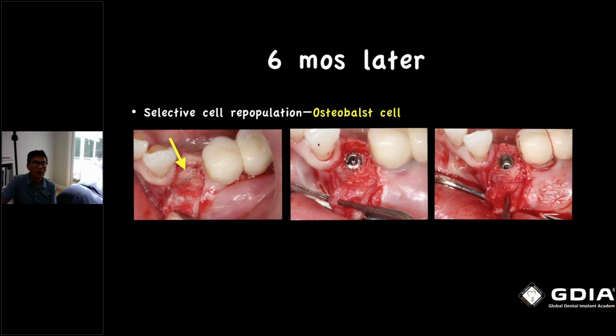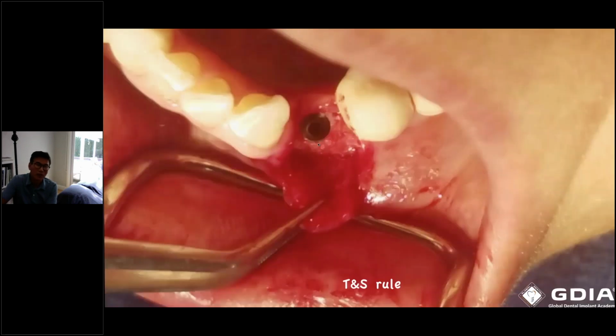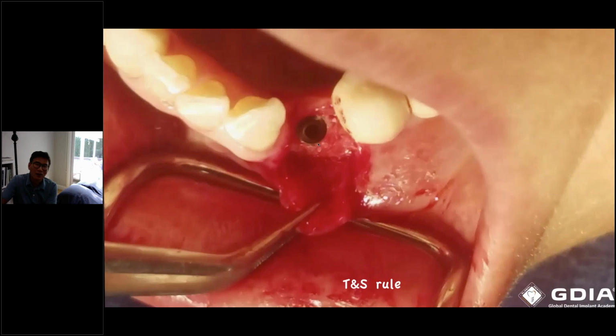And when I opened up 6 months later, I was a little bit surprised because bone overgrowth even covered the implant. I didn't expect that much, so I had to grind to expose the implant, place the healing cover screw, and then I opened up and checked how it feels.